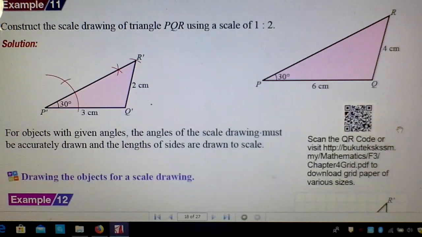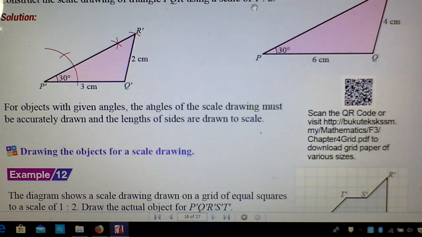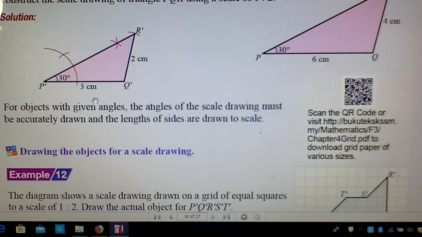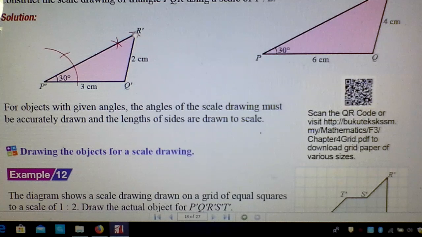Construct the scale drawing of triangle PQR using scale 1 to 2. Remember, we have discussed that the size of the sides is proportional to each other, the drawing and the actual object, and make sure the angle must also be the same. Angle same, angle cannot be changed. Only the side can be changed.